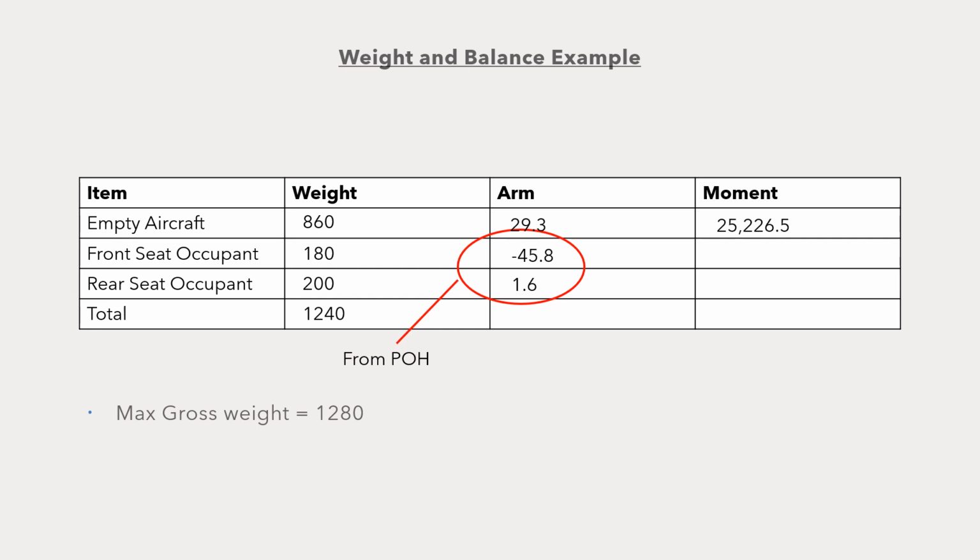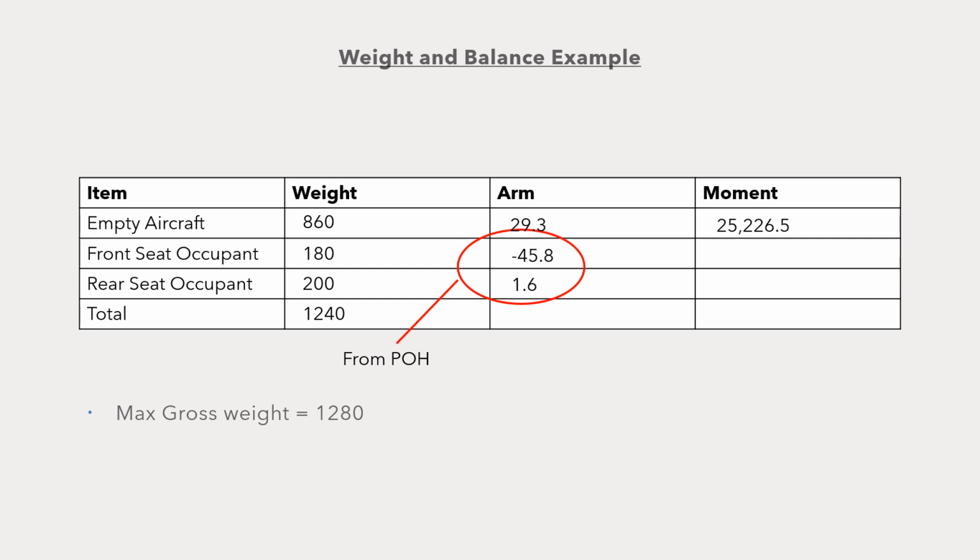Now from the pilot's operating handbook, we can find the moment arm for the front seat and the rear seat. Notice that the front seat is a negative number. It's important to keep track of whether these arms are negative numbers or positive numbers.